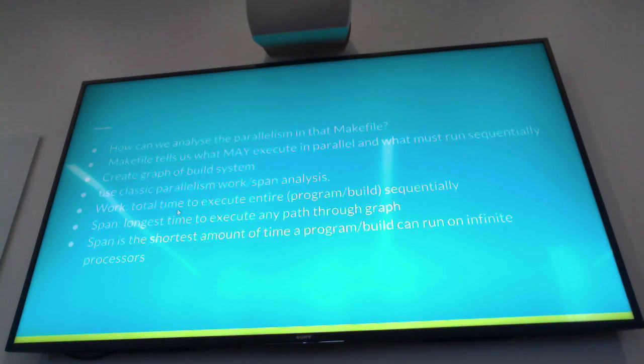If you had one core doing the build, work is how long it would take to do it. And span is the longest time to execute any path through the graph, which means if you had an infinite number of processors, span is how long it would take to execute your build in parallel. Does that make sense, everyone? Okay.